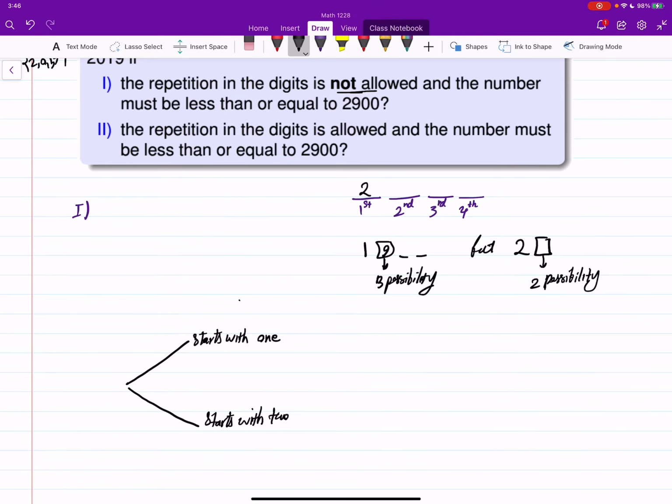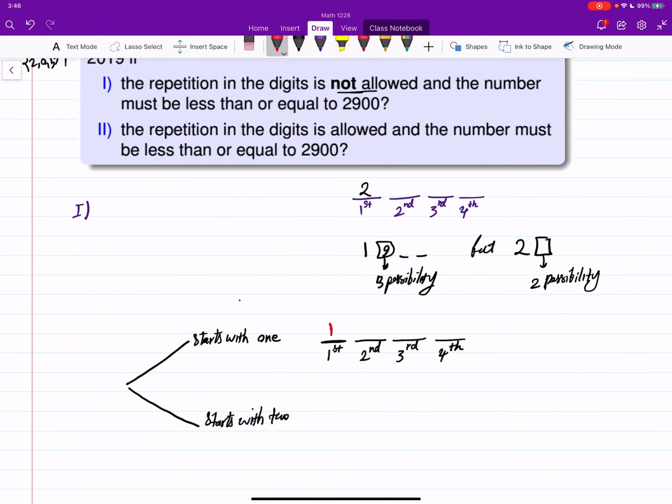Now, if I start with 1, that means that for the first digit, the choice is made, yes? So there's only one possibility. I already chose 1 for the first one. For the second digit, we can either use 0, we can use 9, we can use 2. All cases would give us a number less than 2900.